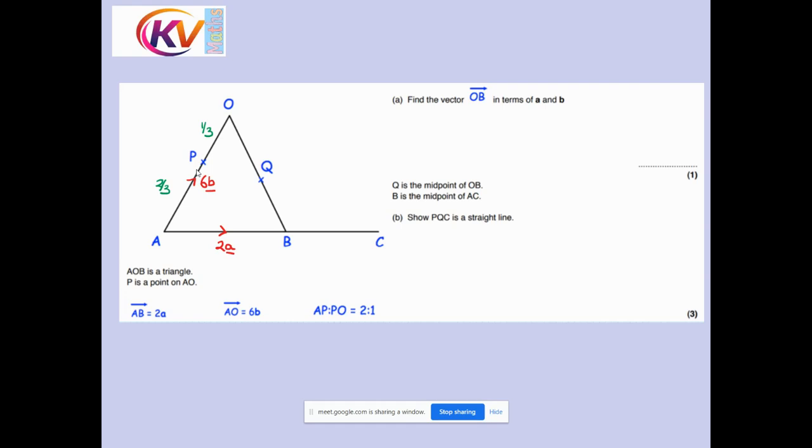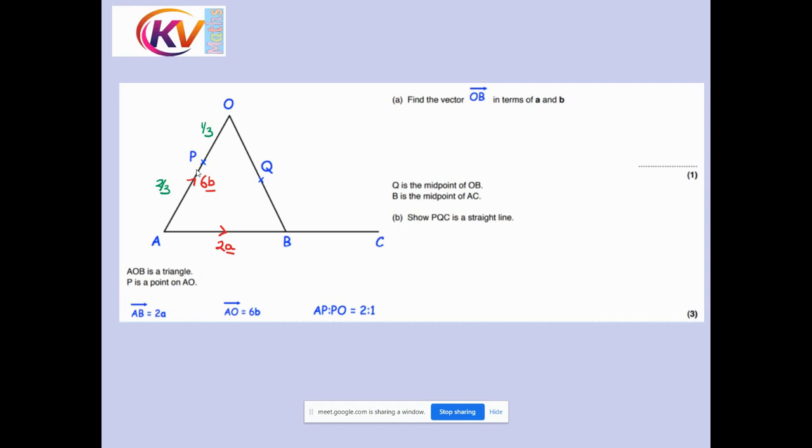Right, now can you give it a go for me and work out OB to start off with? Good, most of you start to pick it up.